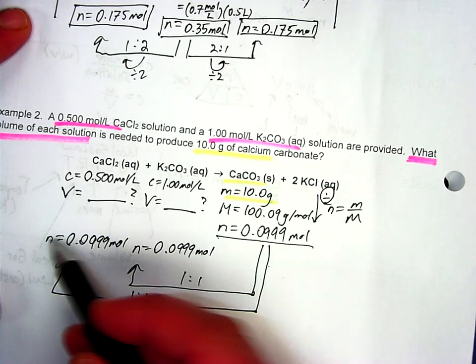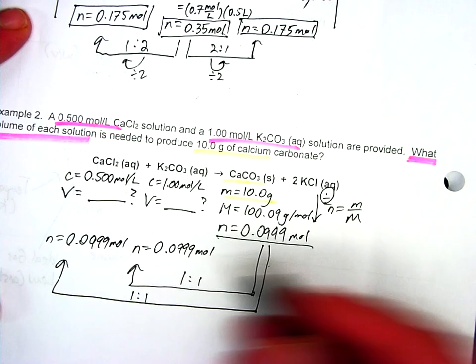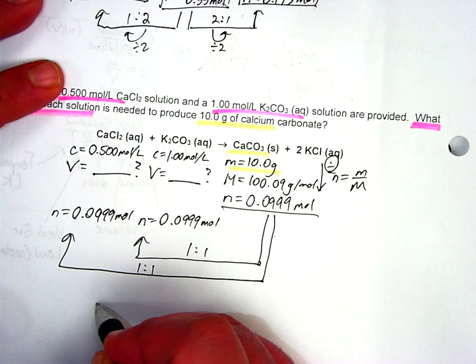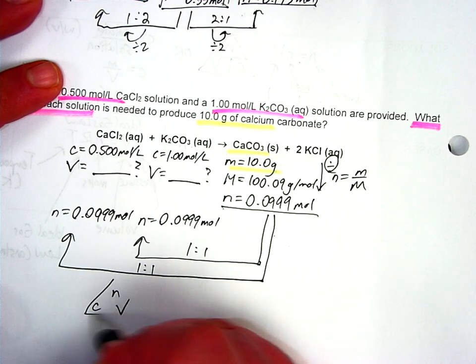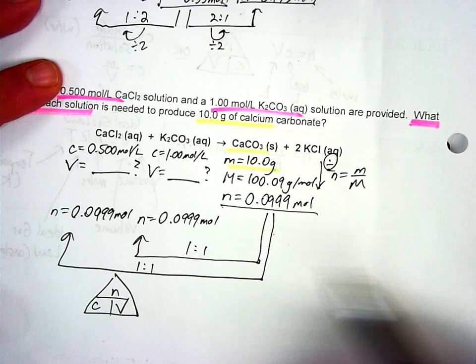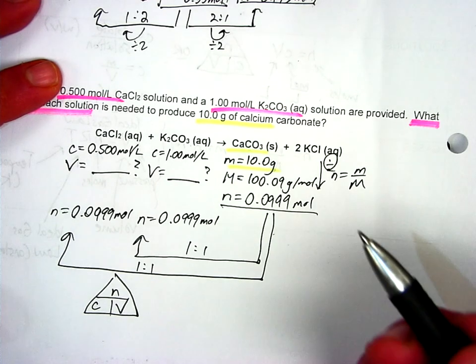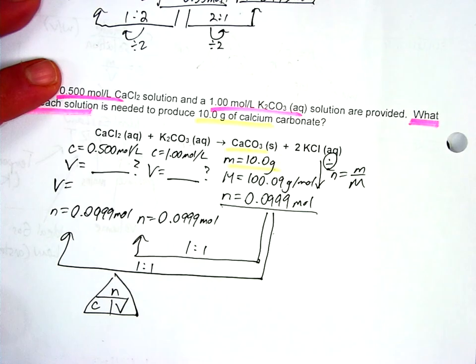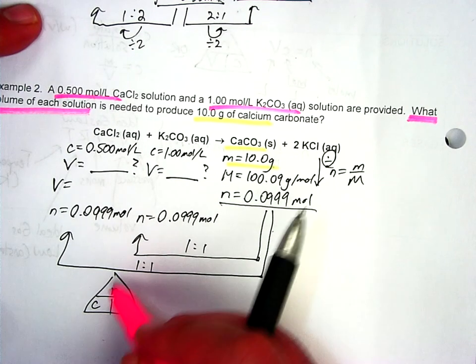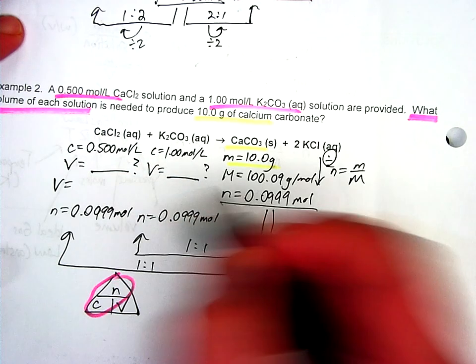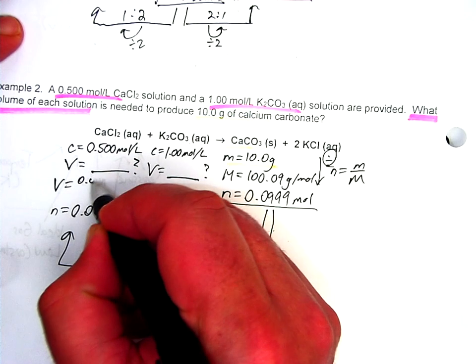Okay, so I've got my moles, I've got my concentration. I'm going to have to rely a little bit on my formula triangle, and I see that if I want the volume, it's going to be moles divided by concentration. Okay, so this is the part that I'm going to need. So I've got my moles.